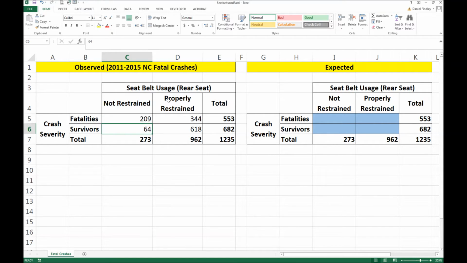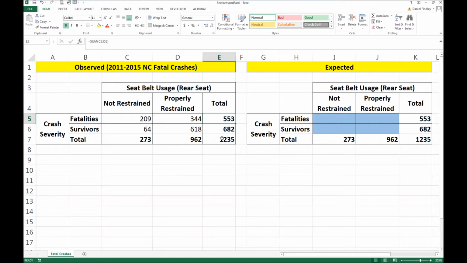In our column for the properly restrained rear seat occupants, so these are people who were in the rear seat of a vehicle that was in a fatal crash in this 5-year time period, totaled 962 individuals. Of those 962, there were 344 individuals who were killed and 618 who survived that crash.